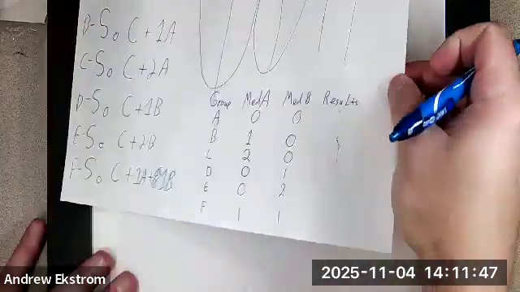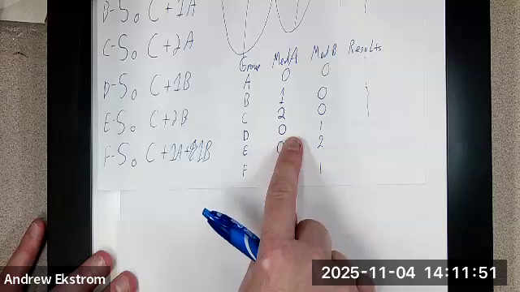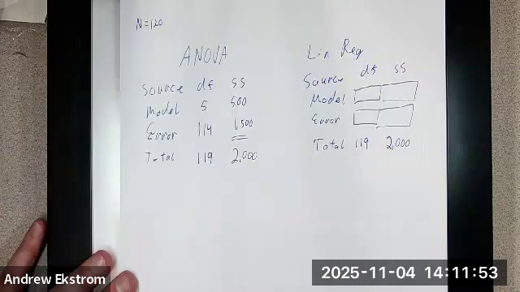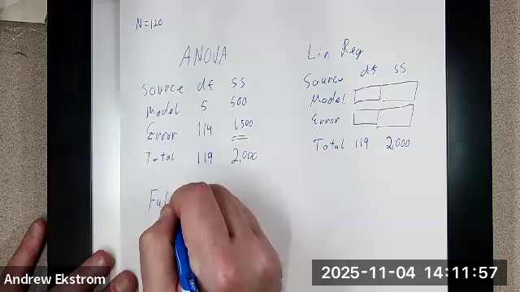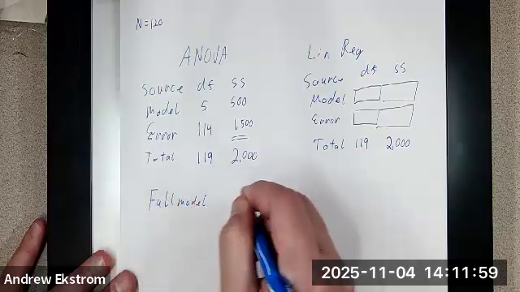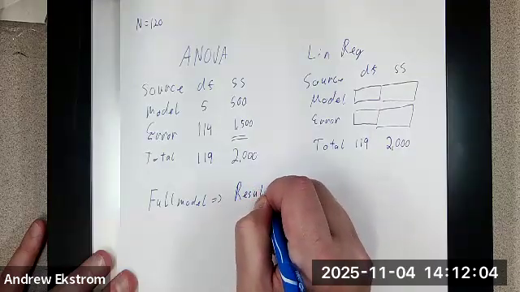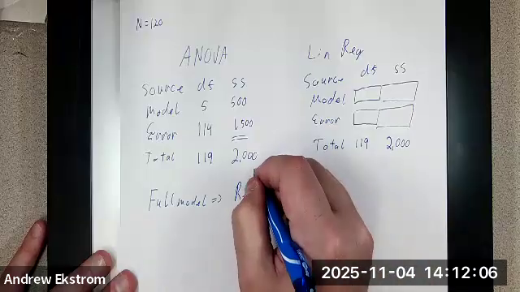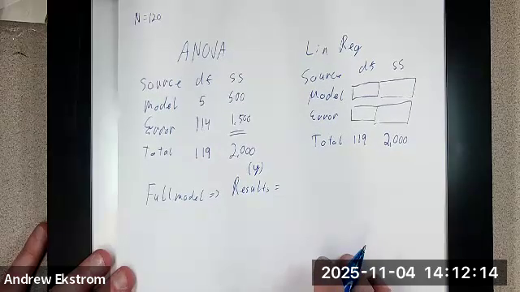So starting off with something like this, if we were to fit that full model, we would have results. So this is going to be whatever that y value is, whatever it is we're trying to model, whatever it is we're interested in looking at.